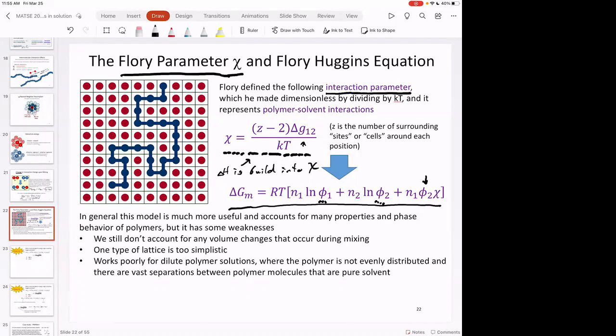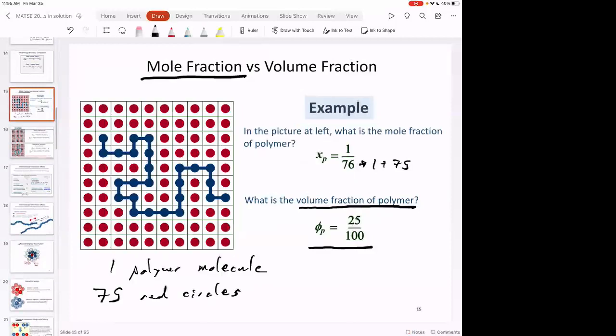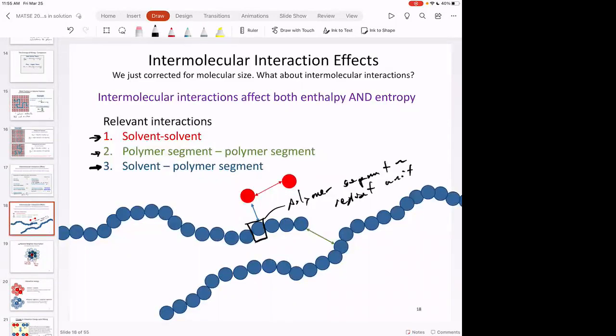We just need to know, what are the phi's again? What's phi 1, phi 2? Volume fractions, always for polymers, volume fractions. And then we have our RT, we know what that is. We have to count how many moles of stuff we have, and then we have our interaction parameter. So we built up the same idea of, you know, how much space is the polymer taking up, what's the volume fraction, and what are the intermolecular interactions.